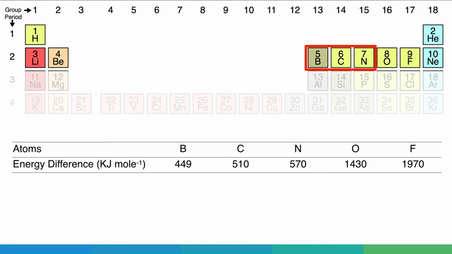As shown in the table, the energy difference between 2s and 2p orbitals is around 400 to 600 kilojoules per mole in case of boron, carbon and nitrogen. But it is very high in case of oxygen and fluorine, around 1500 to 2000. So, as the energies of 2s and 2p orbitals are almost similar, mixing of these orbitals is possible.